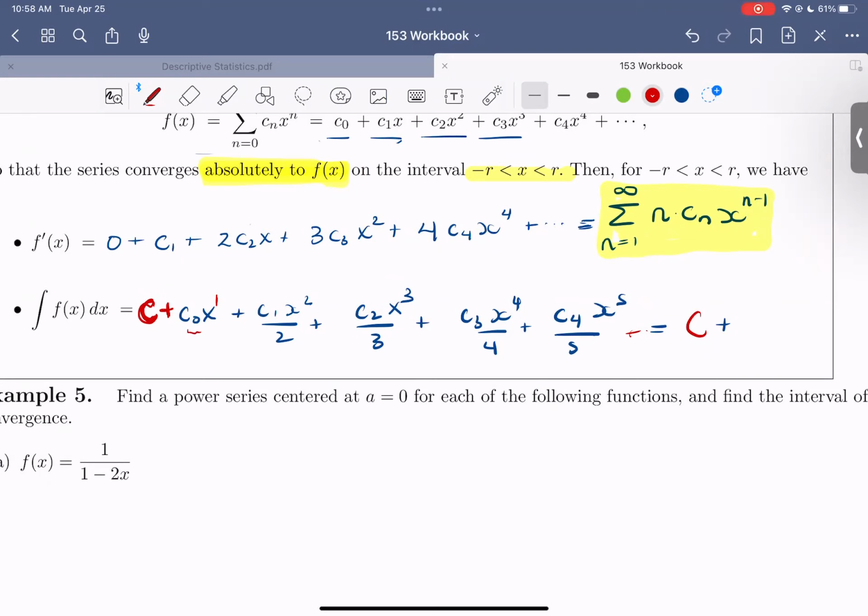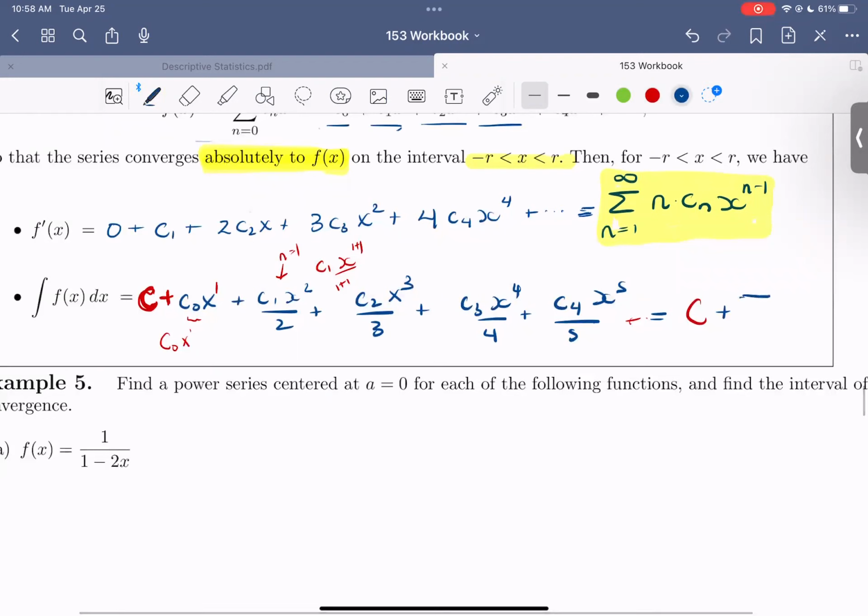If n equals 0, we get c0 x to the 1. If n equals 1, we have c1 x to the 1 plus 1 over 1 plus 1. The pattern that emerges is the sum from n equals 0 to infinity of cn x to the n plus 1 over n plus 1.